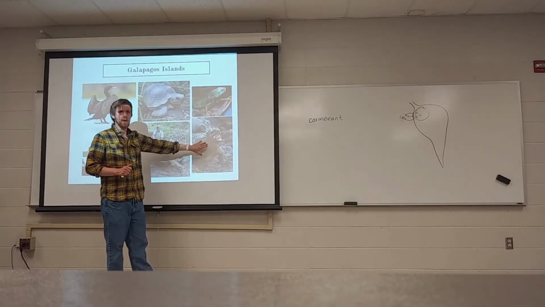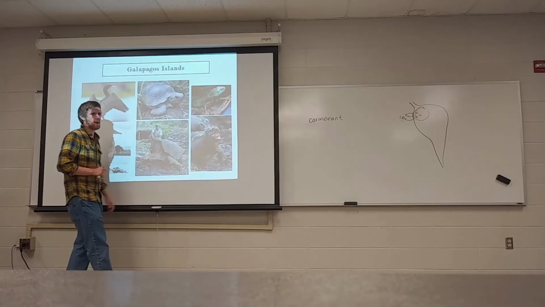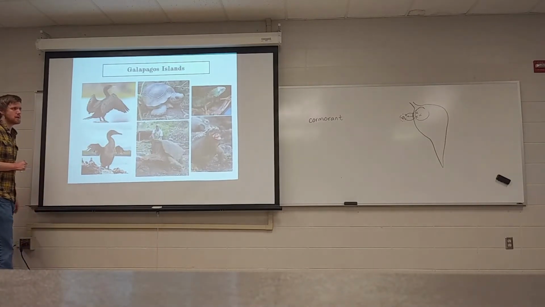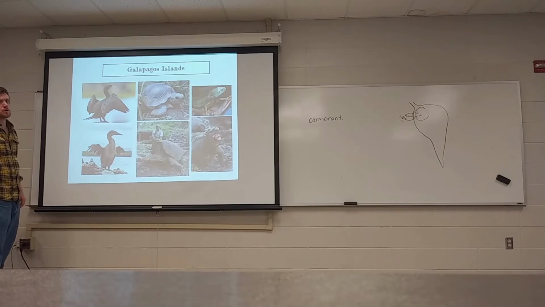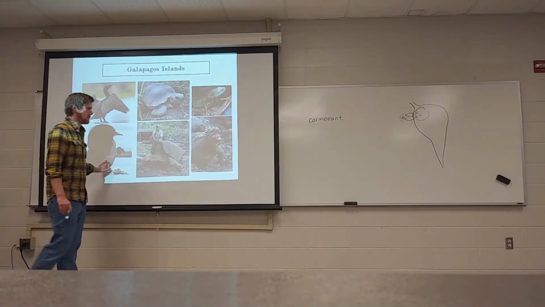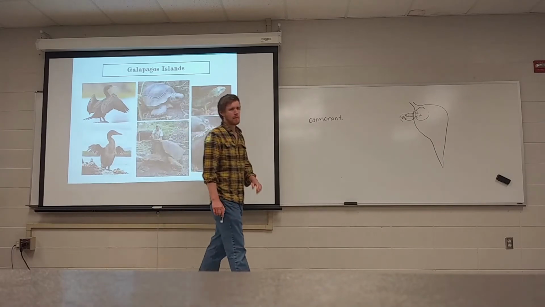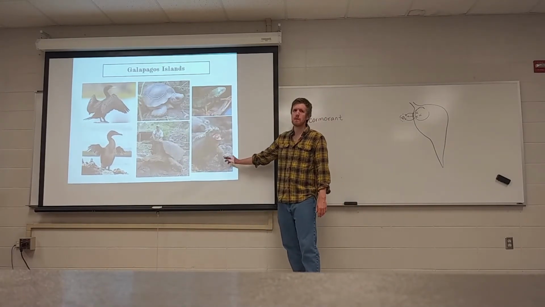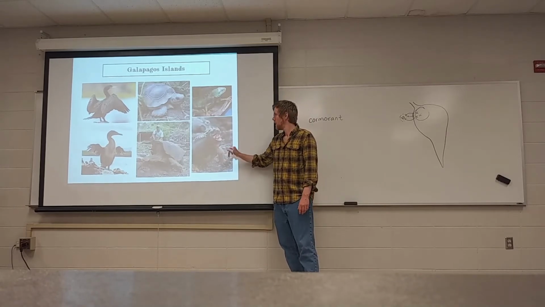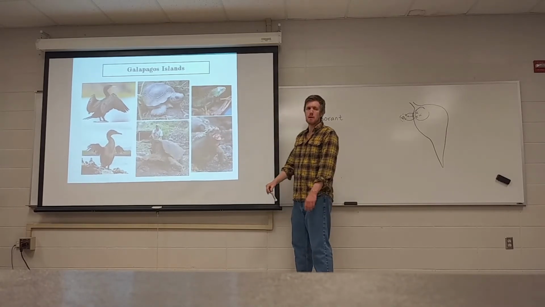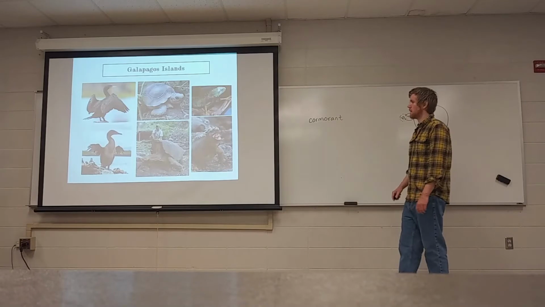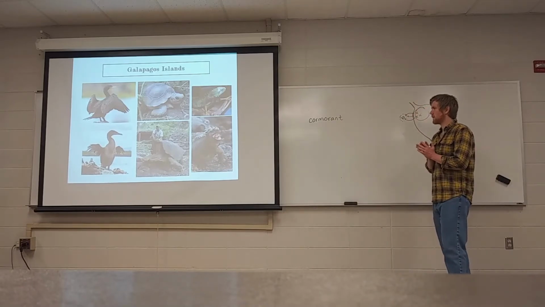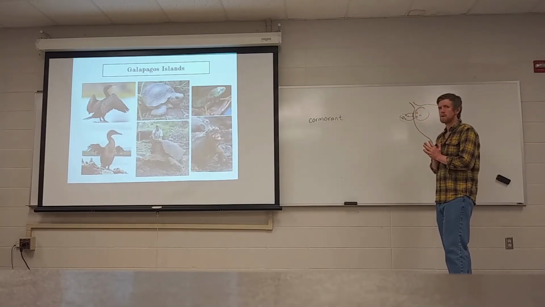Clearly, natural selection favors very different traits on the rocky shores of the Galapagos than it does in the trees of the South American mainland. All three of these species, and several others on the island as well. This is a marine iguana. That's what it's called, marine iguana. All of these species on the Galapagos Islands very clearly have experienced different parameters of natural selection.